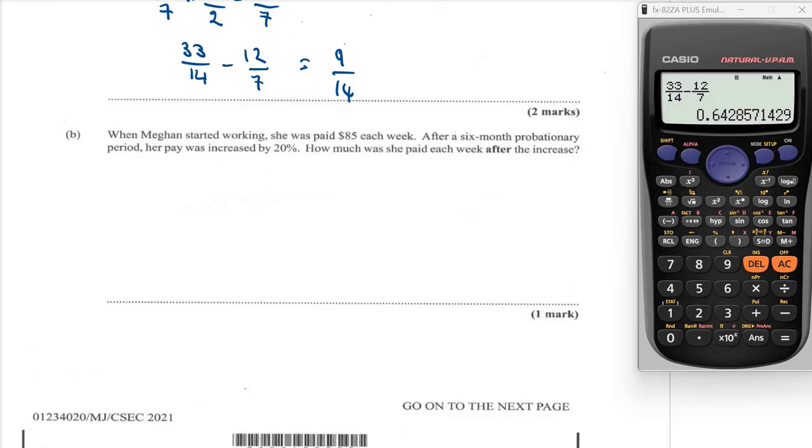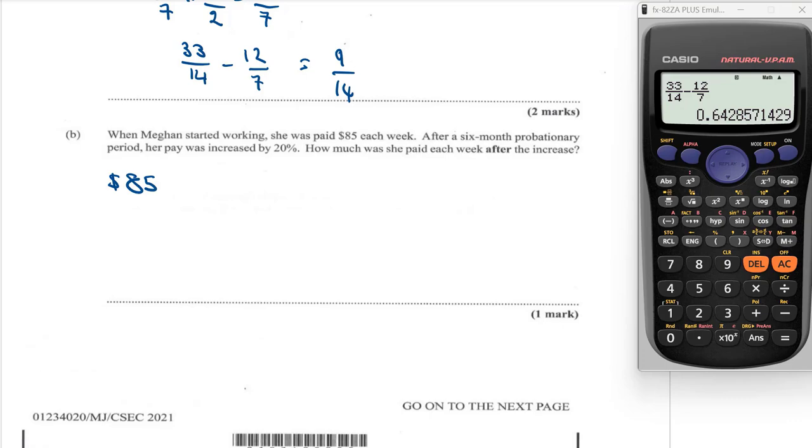So it says, when Megan started working, she was paid $85 each week. After a 6-month probationary period, her pay was increased by 20%. How much was she paid each week after the increase? So we know that when she started working, she was getting $85.